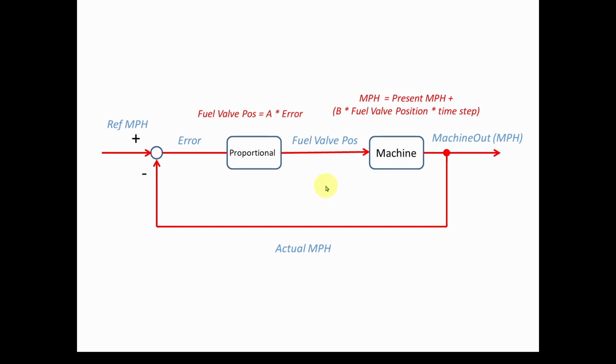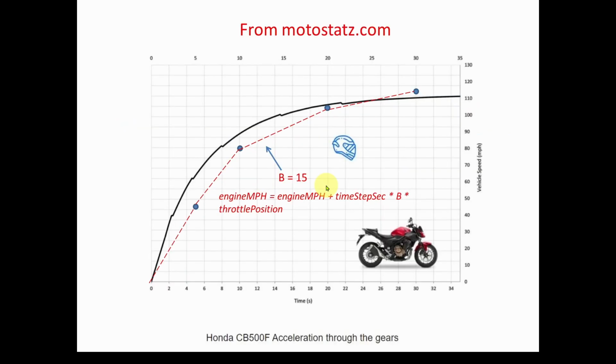And one of the great things about using, for example, you controlling a motorcycle, as we mentioned in the previous video, is there's a lot of data out there about how motorcycles work and how they respond. And we showed a speed versus time characteristic for an arbitrary Honda motorcycle. And so our goal in this video is to make a simulator and see if we can model this motorcycle and you as a controller to give a response that matches this curve that we got from this wonderful website called motostats.com.